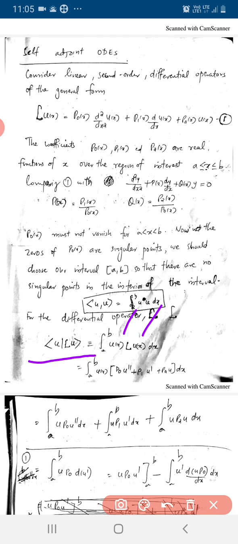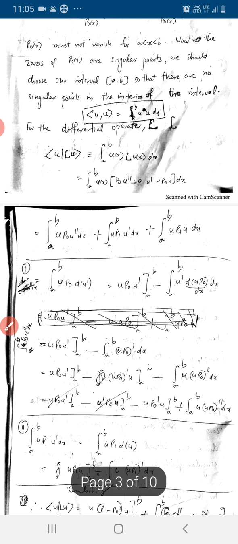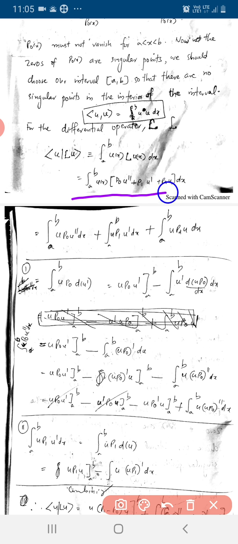This is the integral of u(x), and Lu is this: d square u(x) by dx square written as u double prime, this is written as u prime, and it is written here. So this is our inner product of u with Lu, and that is given by this.